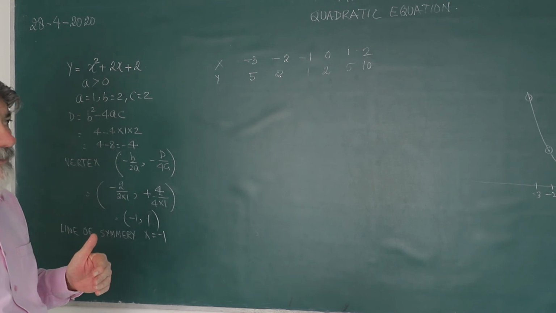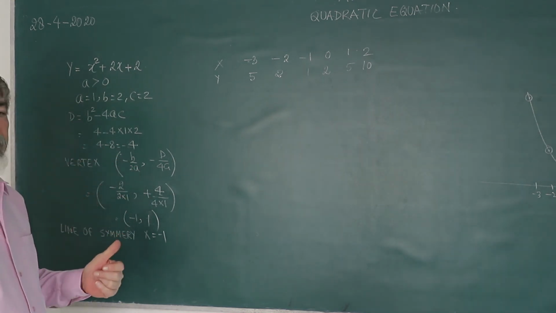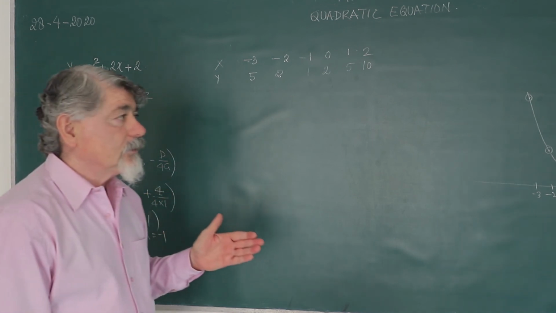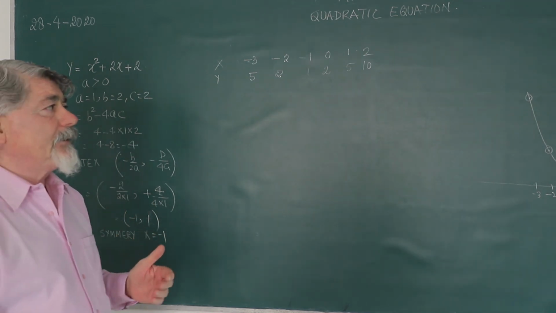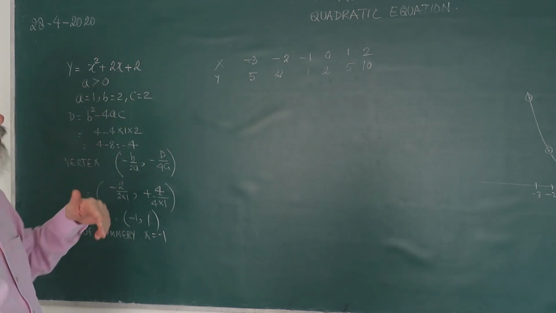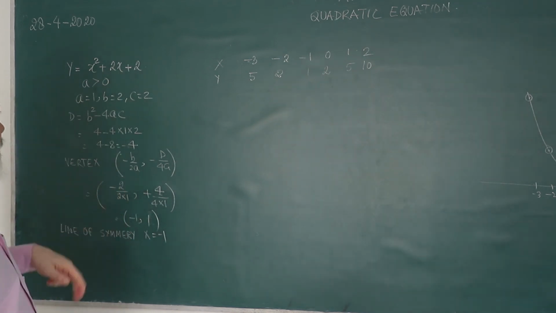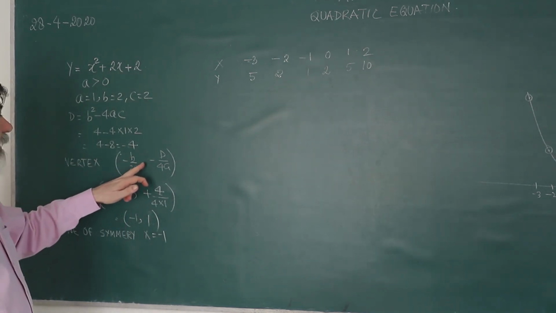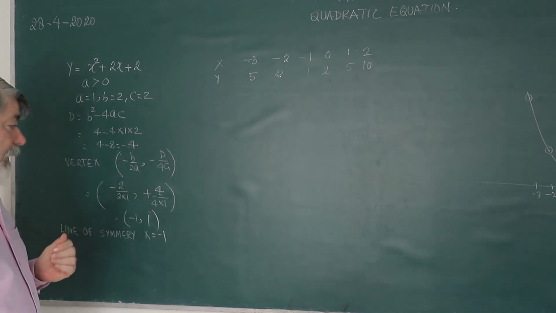It is not cutting the x-axis because the roots are imaginary, and whenever the discriminant is negative, the curve will be above or below the x-axis depending on the case. Here it is above the x-axis because a is greater than 0, so it is opening upward. I calculated the vertex by the formula minus b upon 2a and minus d upon 4a, which comes out to be minus 1 and 1.